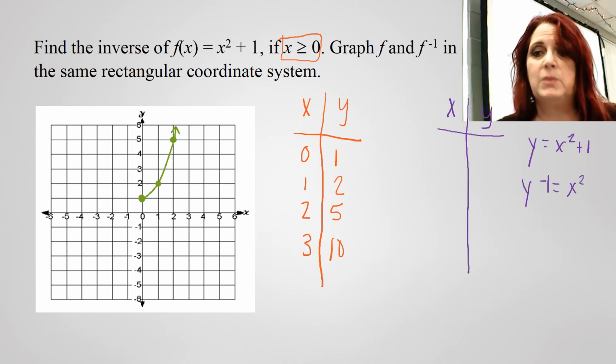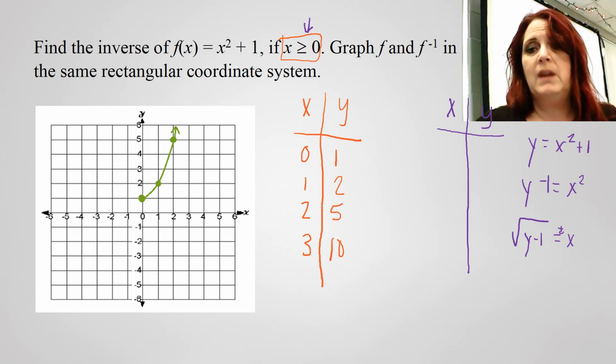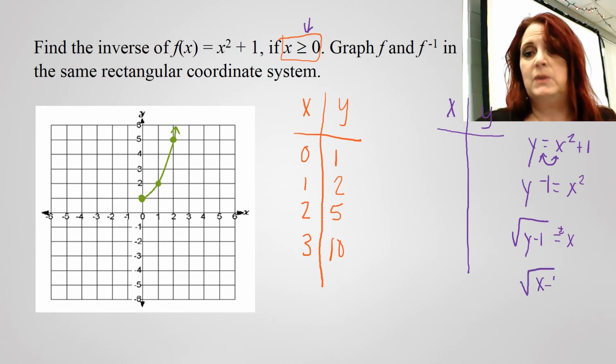And then if I take the square root of each side, I get the square root of y minus 1 equals x. And I'm not going to use the plus or minus because that's why we have this restriction on the domain. And you know what I forgot to do is switch these places. I'm going to do it now, but really you should do it at the beginning. So it's y is equal to the square root of x minus 1.